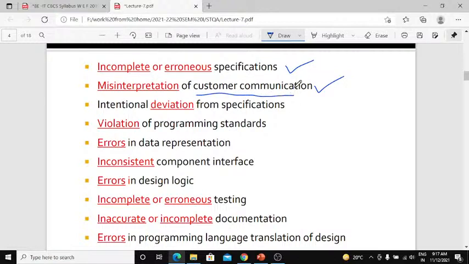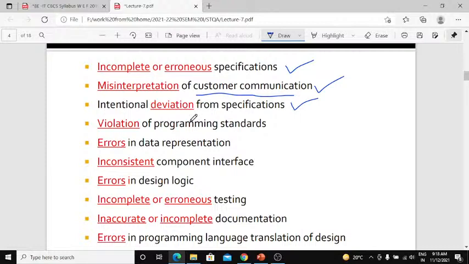The developer misinterprets the customer requirements, so the customer requirements are different from what the developer considers the requirements to be.